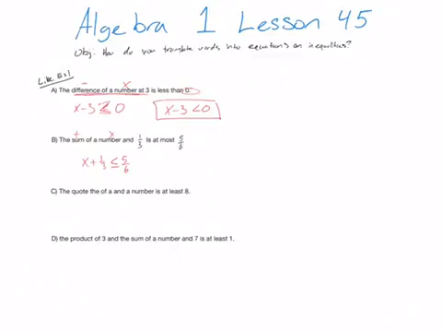Alright, part C says the quotient of 7 and a number is at least 8. So remember, quotient means division. So I'm just going to say 7 and a number, call that x, is at least 8. At least 8 means I wear at least a size large t-shirt.